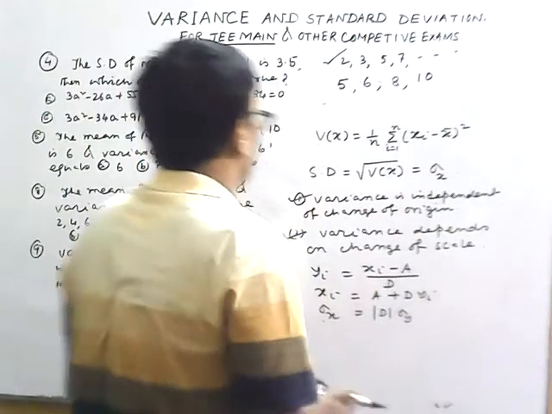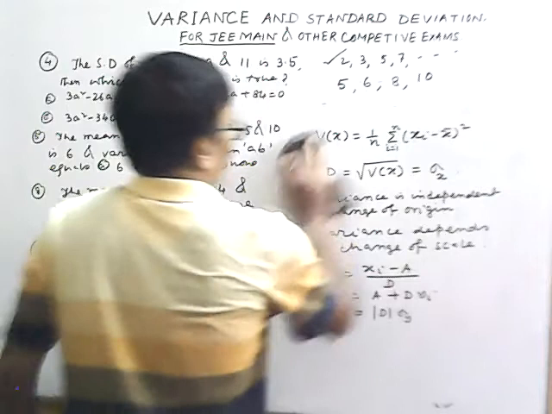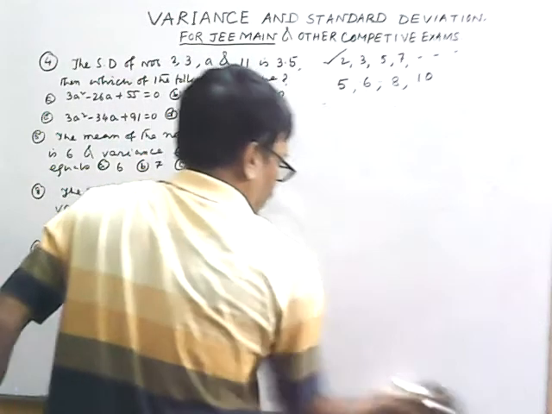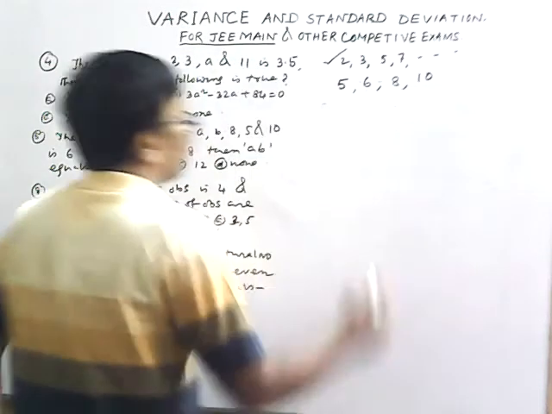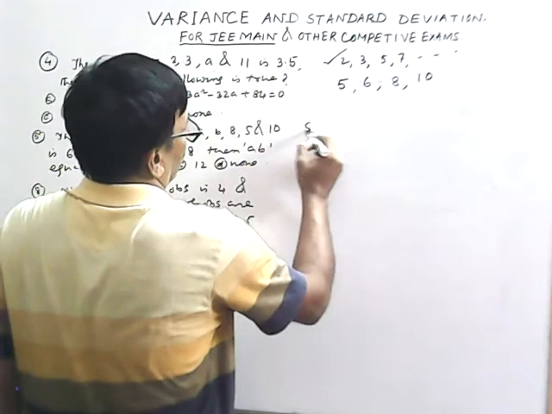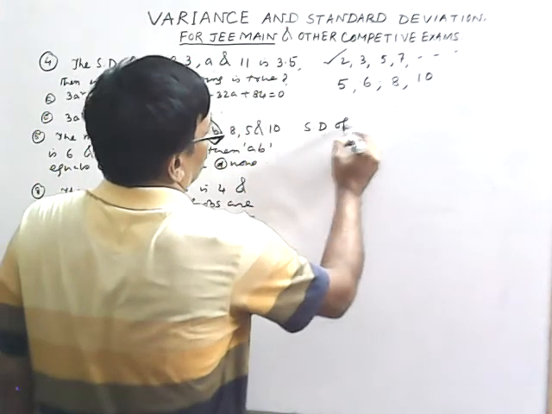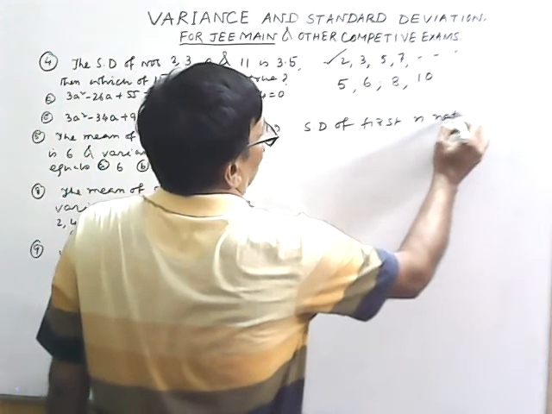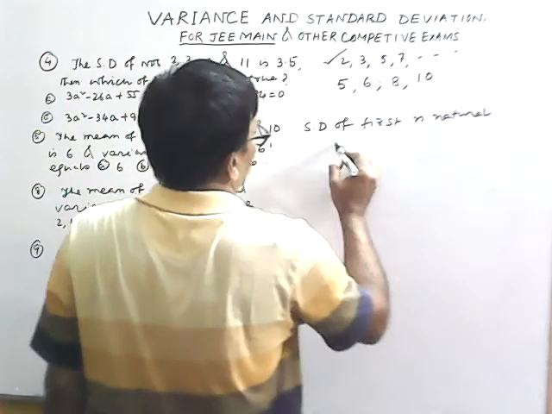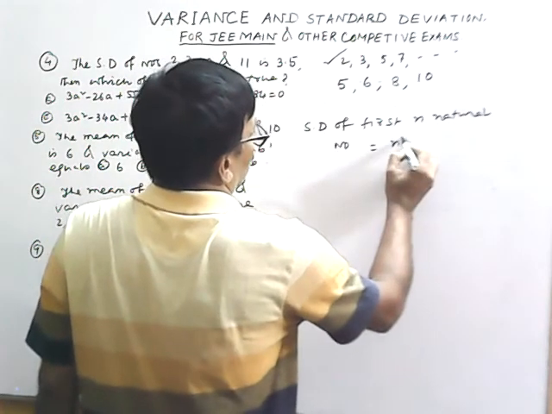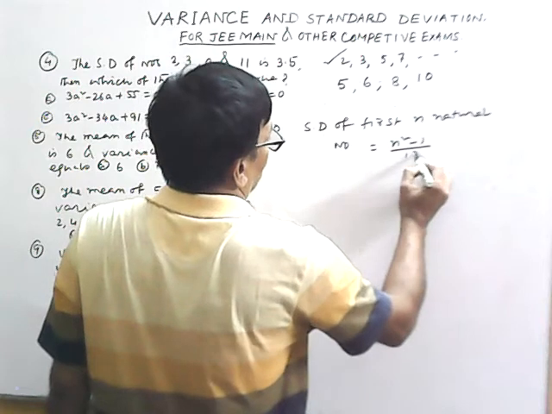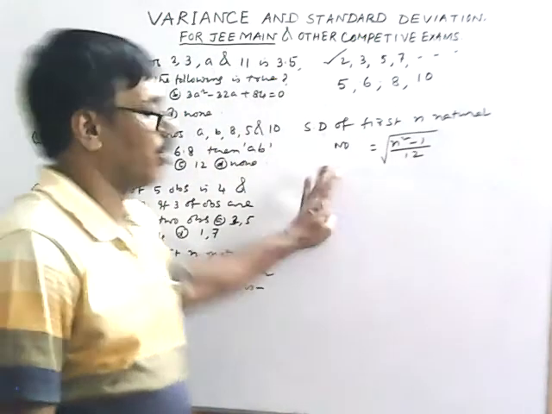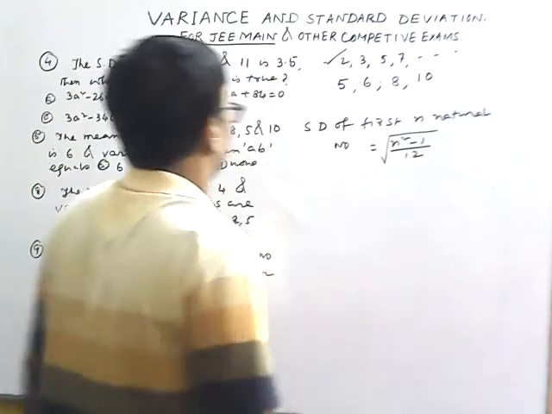Now two important results also. Number 1: the standard deviation of the first n natural numbers equals root of (n square minus 1) by 12. The proof is very easy, so you may consult any standard book.